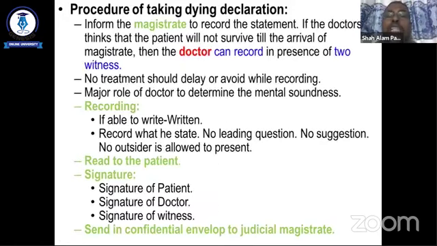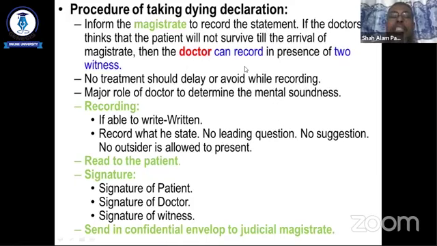Now come to the procedure of taking dying declaration. First, inform the magistrate to record the statement. If the doctor thinks that the patient will not survive till the arrival of the magistrate, then the doctor can record the dying declaration in presence of two witnesses.